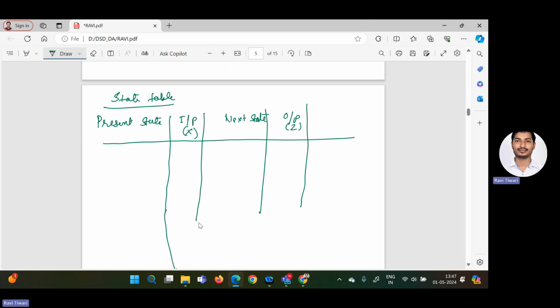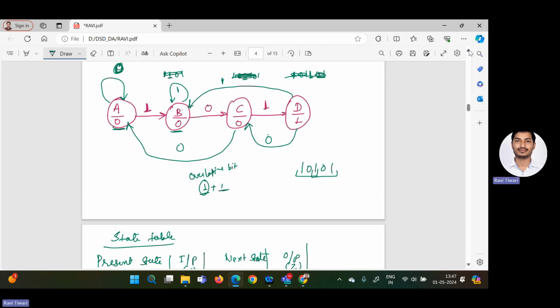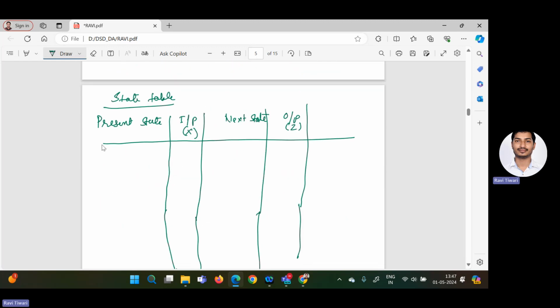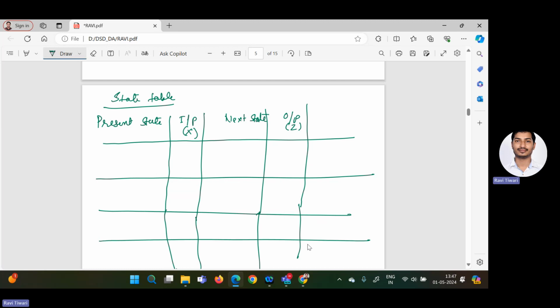So as we have seen, how many states are there? We have 4 states, A, B, C, D, right? So that means here you have to make 4 blocks, 1, 2, 3, 4. Because we have 4 states A, B, C, D, I'm writing A 2 times. Why? Because if you are in the state A, there is a probability of getting either 0 or 1, right?